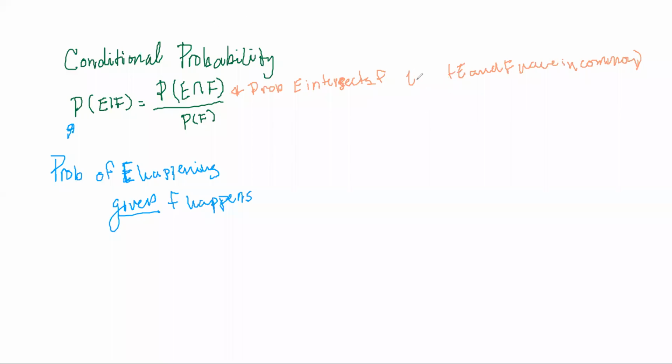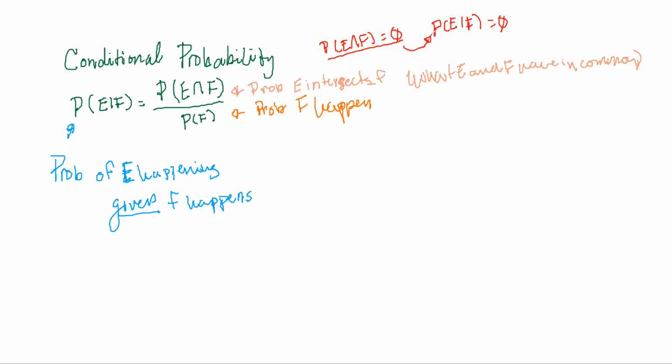So this top term refers to what E and F have in common. And then this bottom term here refers to the probability that F happens. Both of these make sense. If E and F had nothing in common, if the probability of E intersecting F is equal to 0, then the probability of E and F both happening also has to equal 0, because E and F can't both happen if they don't intersect at all.